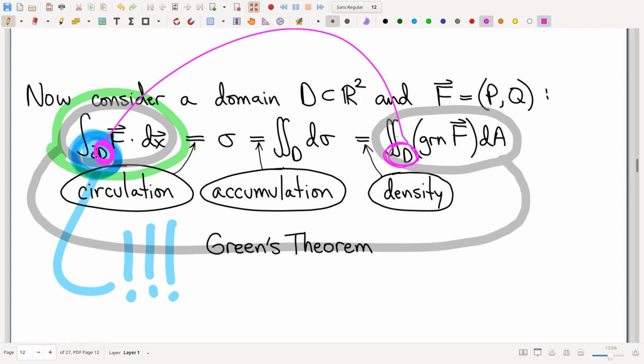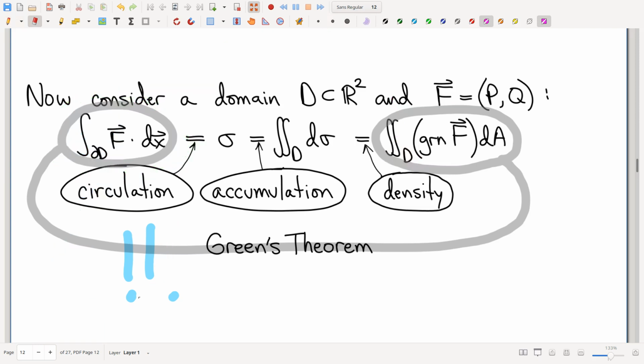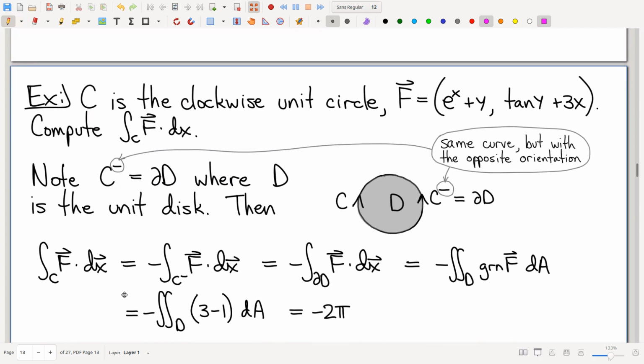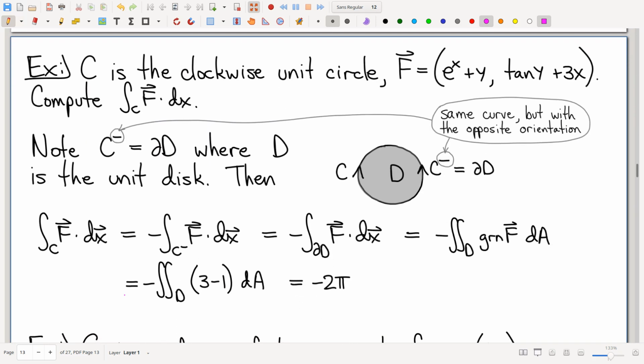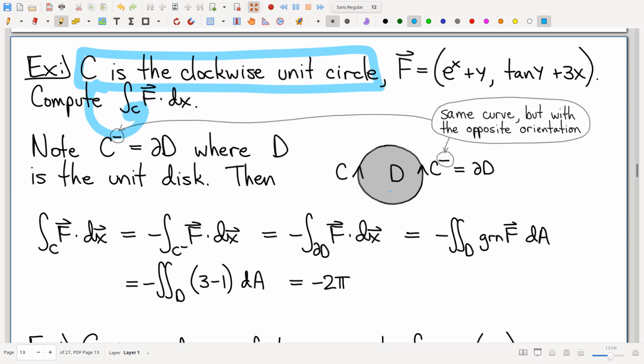It's fine print almost. So please do be very, very careful about that. Now, with that in mind, let's go back to the example that we're looking at, and let's ask the critical question: is our curve a boundary? Now, again, very, very careful. Be super careful here. This curve, clockwise oriented unit circle.